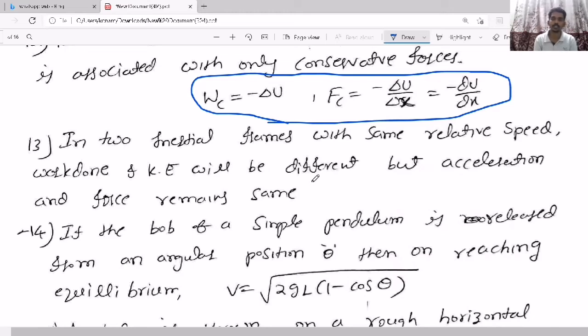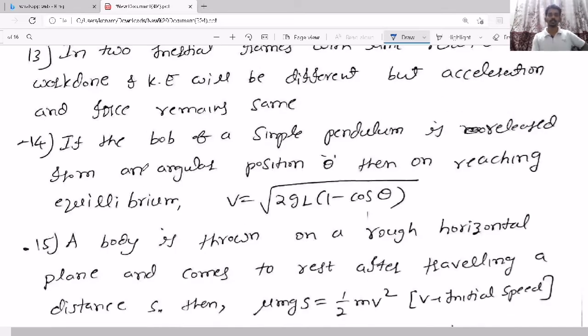So with different inertial frames, the speed will be different, so work done will be different, so kinetic energy will be different, because according to the work energy theorem, work done equals change in kinetic energy. But the acceleration and force acting on it are independent of the frame of reference.